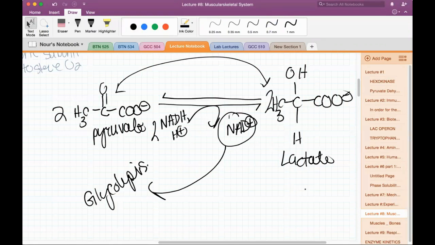So when you have sprinting going on, you have a lot of lactate being released because of a lot of fatigue. You keep going through inefficient energy. You're not making as much ATP as you can through aerobic respiration, but you have it. But you fatigue very fast because that energy runs out real quickly. So that's the basic concept of it.